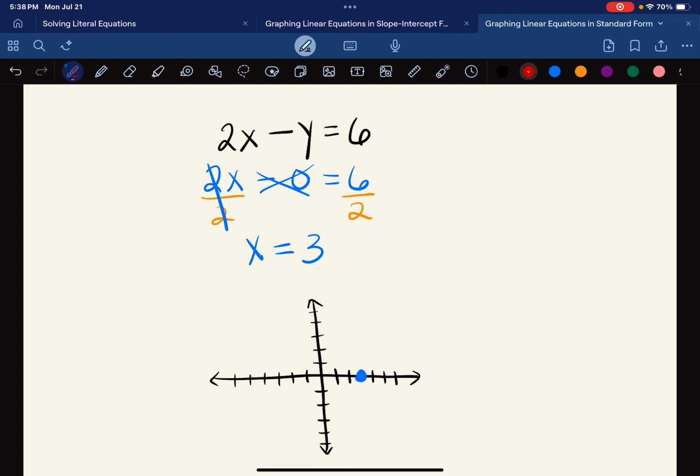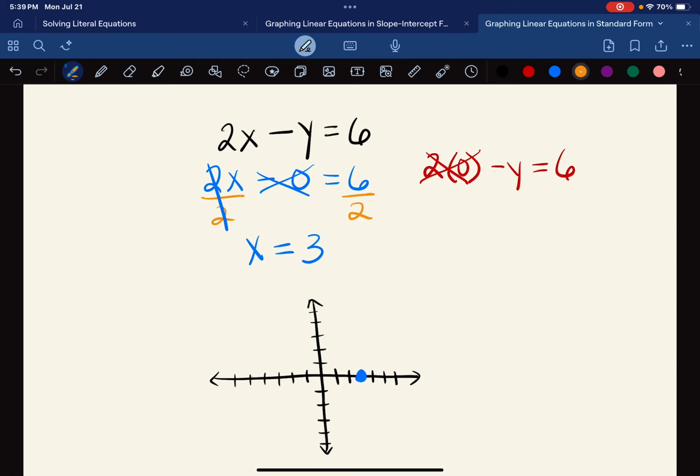To find our y-intercept, let's just plug in a 0 for the x variable. So 2 times x turns into 2 times 0 minus y equals 6. Well, 2 times 0 is 0, so that cancels out. Now we are left with a negative y, not just a y variable. And this one is just a little bit sneaky sometimes for some people.